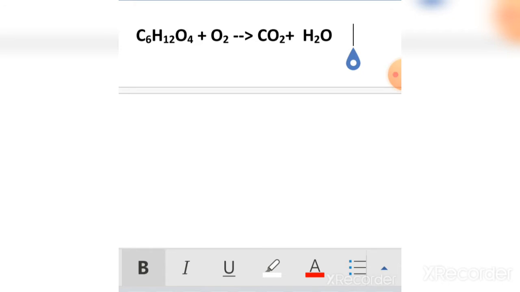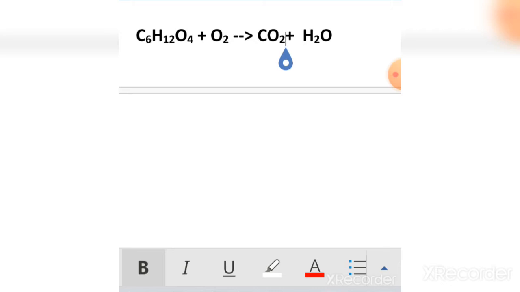So this is the reaction of an organic compound with oxygen to produce carbon dioxide and water. This organic compound is an antiviral drug. So to balance this equation, first we have to identify the reactants and the products. The reactants are at the left side and the products are at the right side.